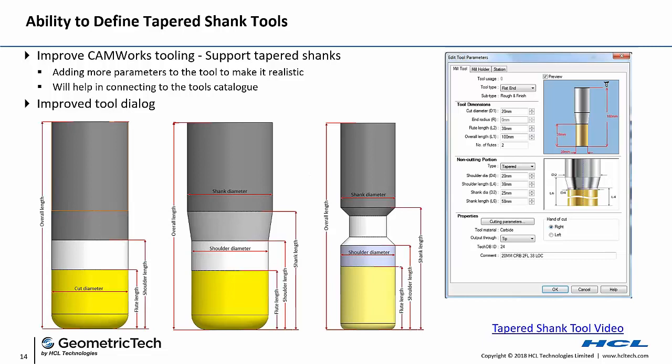And so this just allows us to be able to define new types of tools that we could define before, but not as well. And now it's just helping us be able to go forward into more tooling and better tooling. So a great new enhancement, the ability to define tapered shank tools.